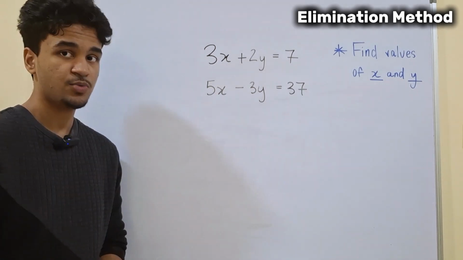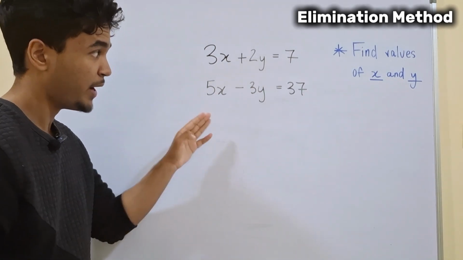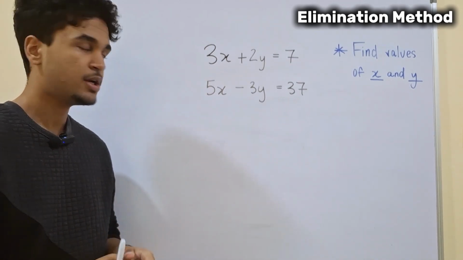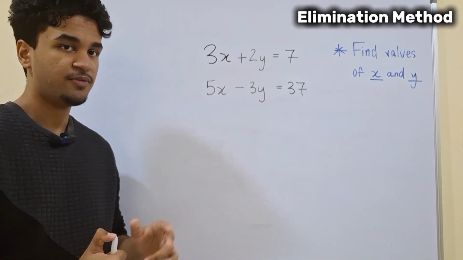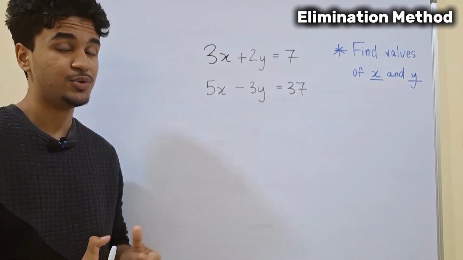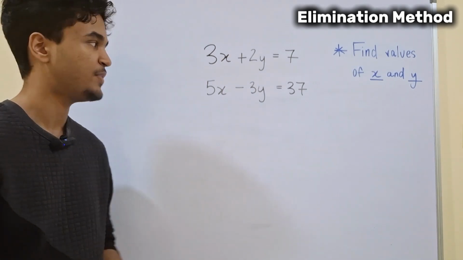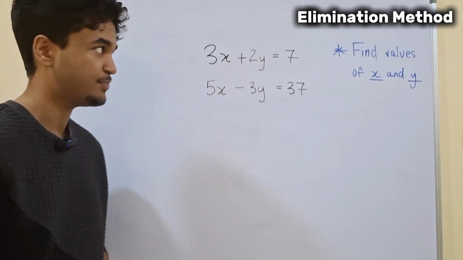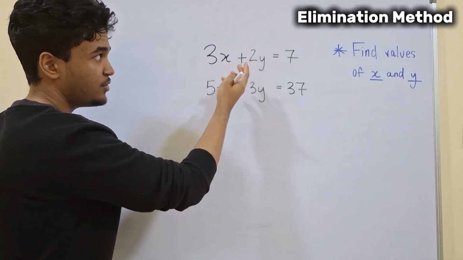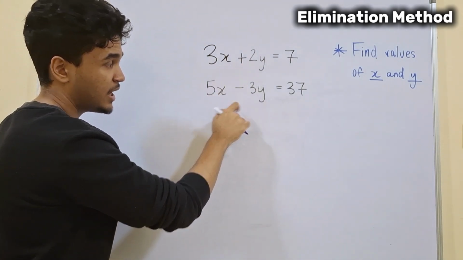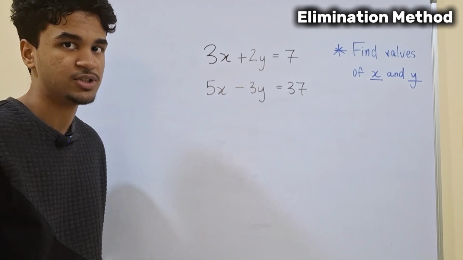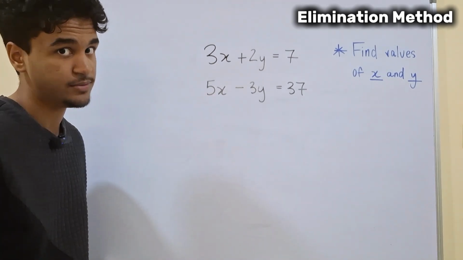Now in this equation, what you want to notice is that when you either add or subtract these two equations with each other, you will not get a term where they are like so that you can cancel them or eliminate them. Basically what that means is that you do not have common coefficients here. So like for example, if you add 2y with -3y, you're going to get -y. You cannot cancel them out so that you can then find the value of x, right?